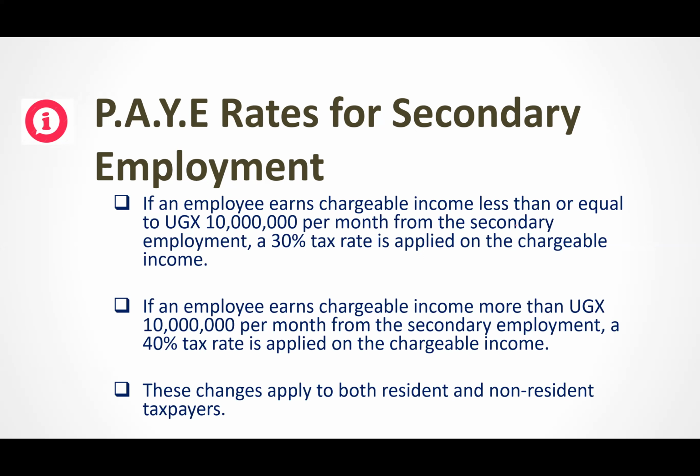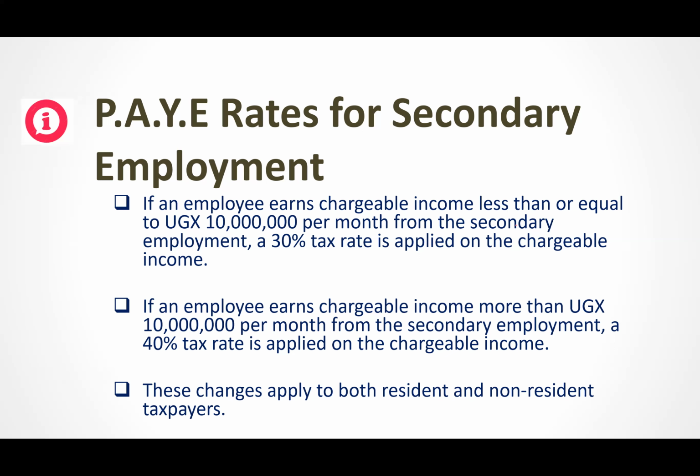In the first bullet, we are saying that if an employee earns chargeable income less than or equal to 10 million per month from secondary employment, and I'm going to define secondary employment, a 30% tax rate is applied on the chargeable income.